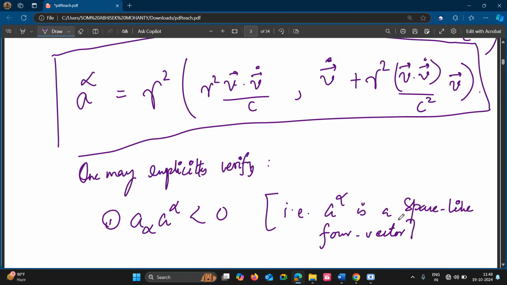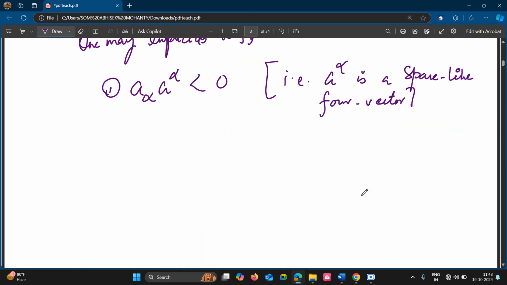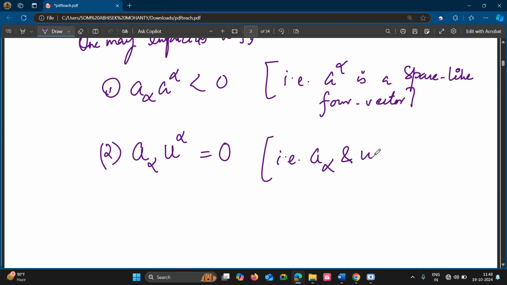Okay. Next point will be a alpha u alpha. Suppose if I write a alpha u alpha, u is a velocity 4 vector, it will always be equal to 0. Because a alpha and u alpha are orthogonal to each other.